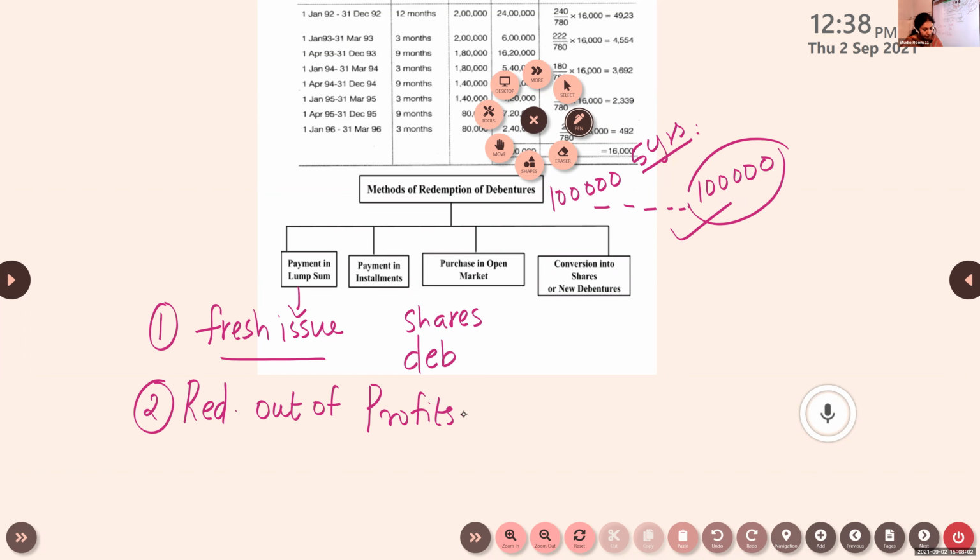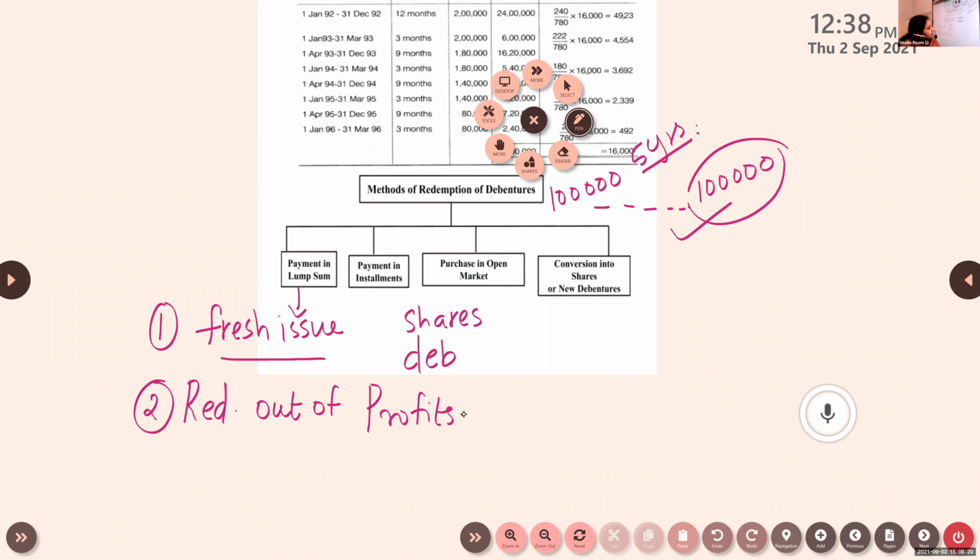Second one is redemption out of profits. Every year from the profits available to the company, they will set aside some amount.